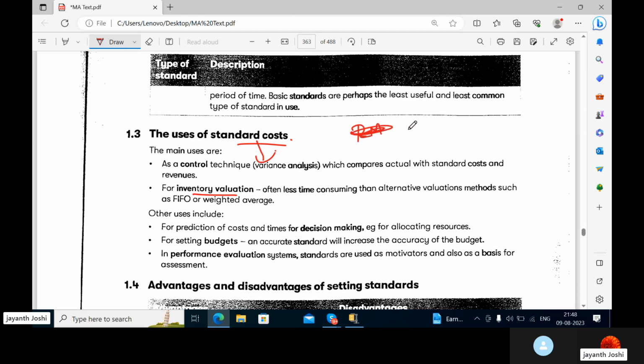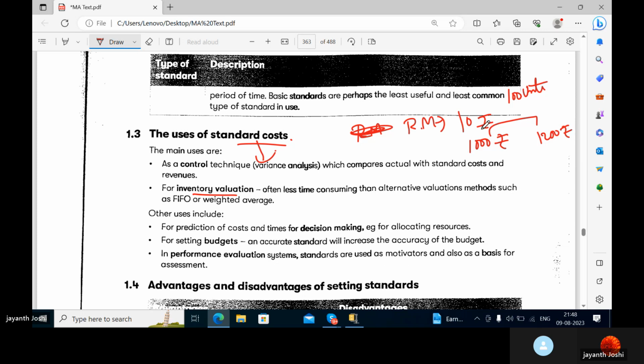Let's say the raw material cost you estimated was 10 rupees per unit, and you are making 100 units. So according to you, the raw material cost should be 1,000 rupees, right? But when you really bought the raw material, it cost you 1,200 rupees. Is it good or bad?